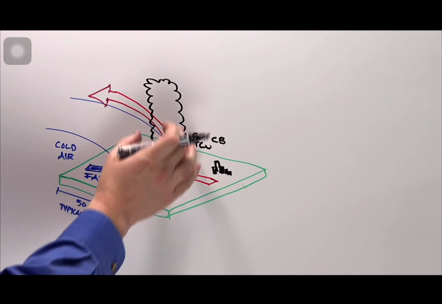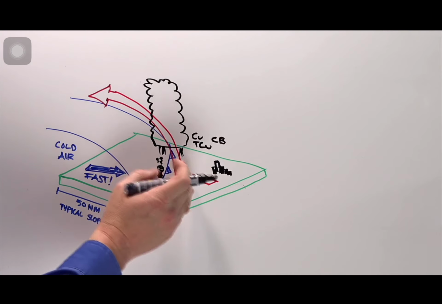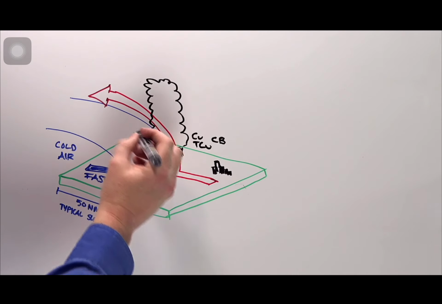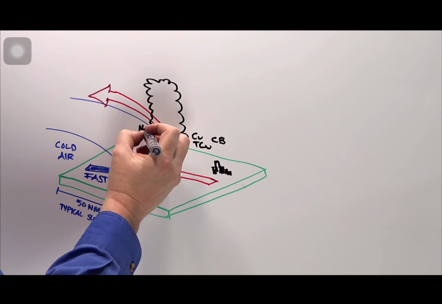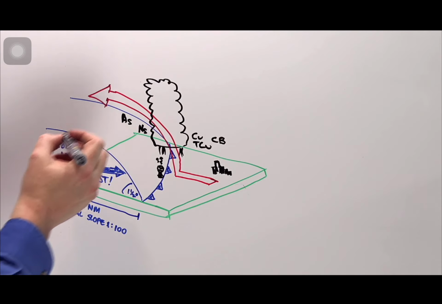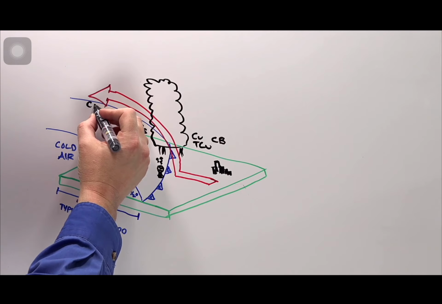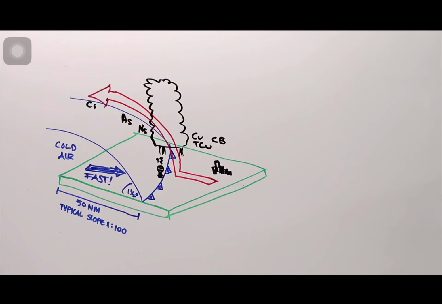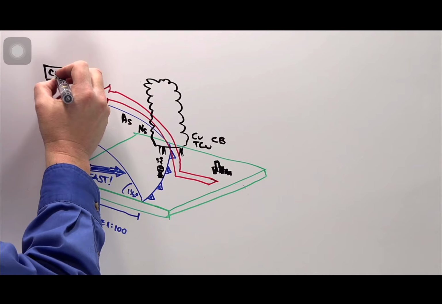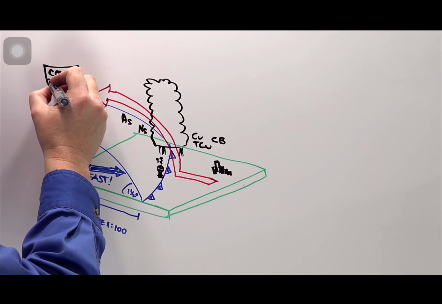I initially would see these thunderstorms coming, and then after the thunderstorms have passed, I might see clouds like maybe some nimbostratus, but definitely I'm going to see some altostratus, and eventually, probably way up here, I'm going to see some cirrus clouds after everything has passed by. So that is an example of our cold front.